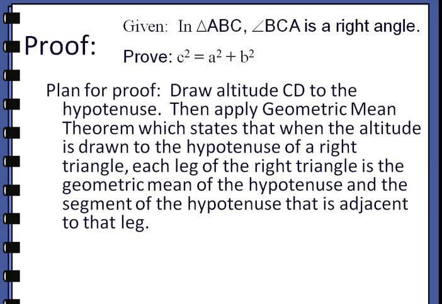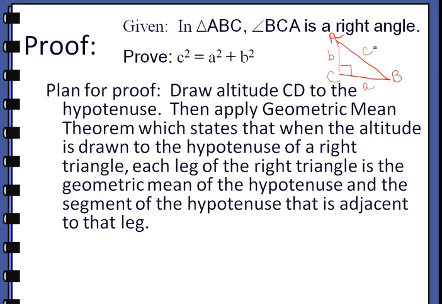Let's talk about one. If you're given a triangle ABC, and we're being told that ABC is a right triangle, I want you to prove that a squared, which is the side across from angle A, plus b squared, which is the side across from angle B, is equal to c squared, which is the side across from angle C. And I'm giving you a hint as to how to do this.